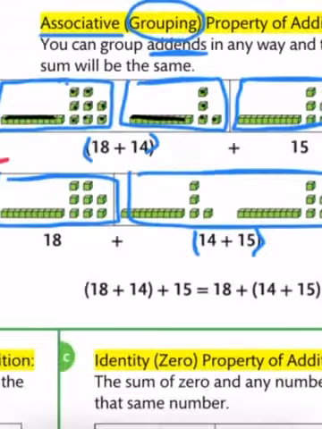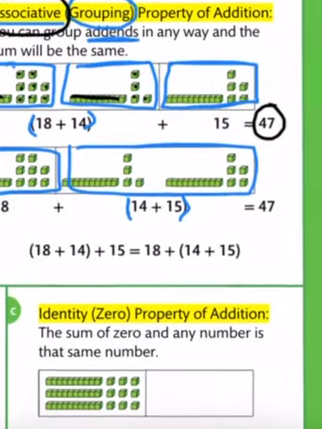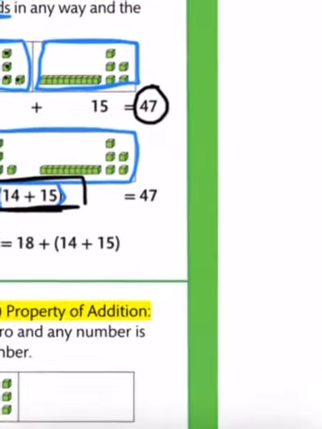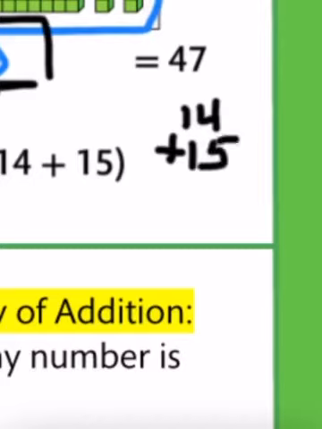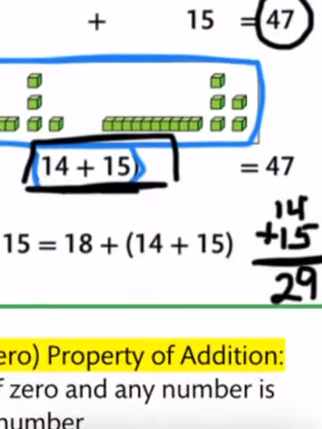All right. If we use the associative property and group them differently, the second example down here, and we add 14 plus 15 first. Okay. Well, 14 plus 15, I'm going to write that here real quick. Line them up. Add my ones column. 4 plus 5 is 9. And then add my tens column, 1 ten and 1 ten. It's 2 tens, it's 29.